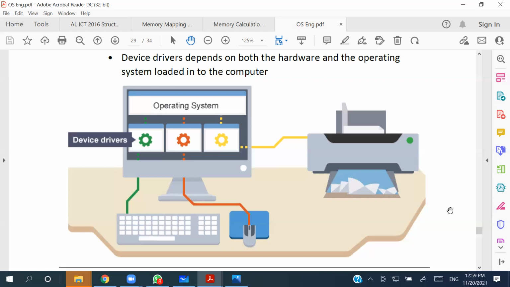But there are certain devices where we have to install the drivers ourselves, maybe using a CD which is provided, or visiting the official website, or downloading the drivers from the internet, right? As an example, a printer.